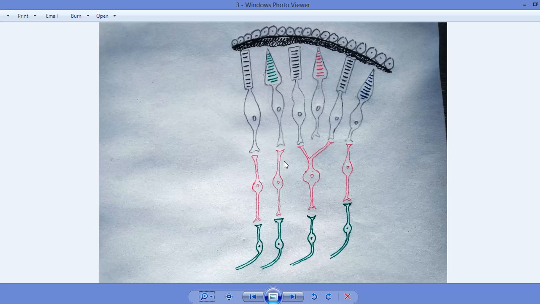The formation of image depends upon the level of activation or inactivation of these cones and these rods, and the level of activation or inactivation of these bipolar cells.